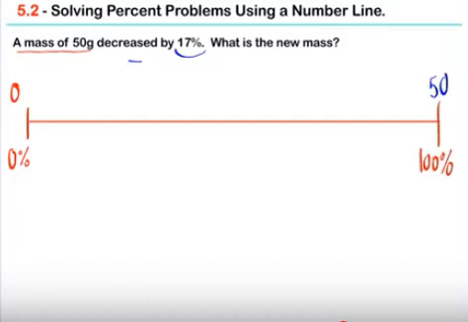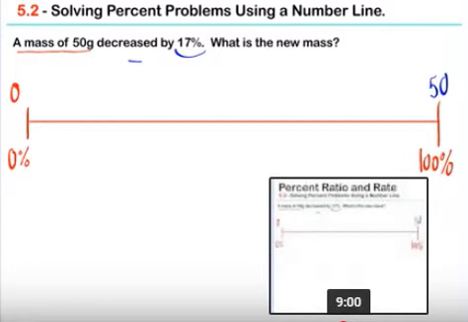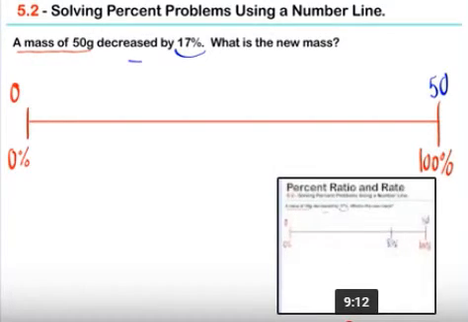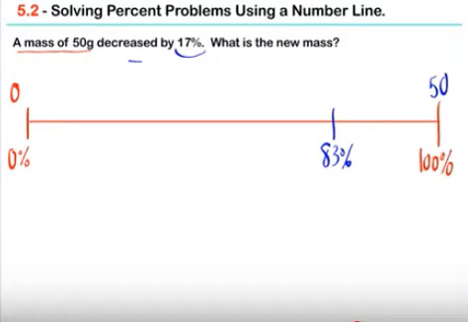Now start thinking about the 17%, which is to be decreased from the 50 grams. Coming back to the percentage side, when you decrease 100% by 17%, you will obtain 83%. So you have 83%, the percentage point obtained after 100%, which is equivalent to 50 grams, is decreased by 17%.